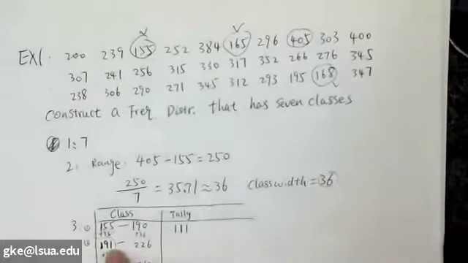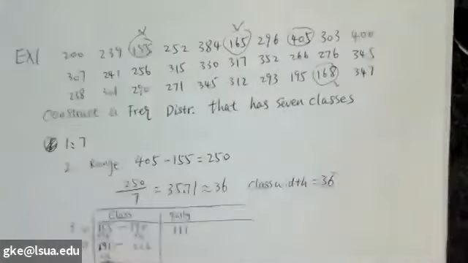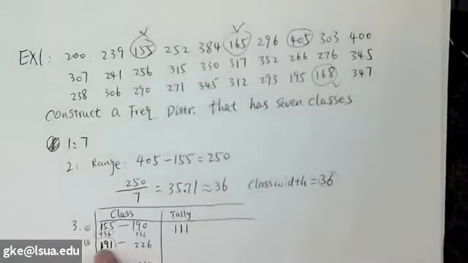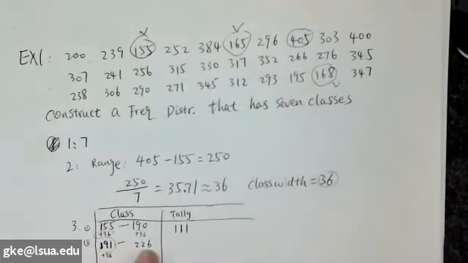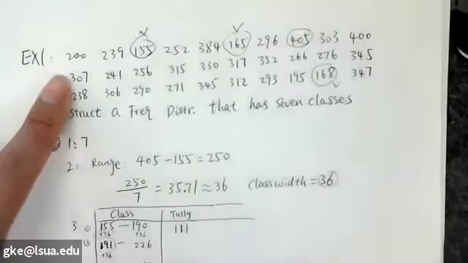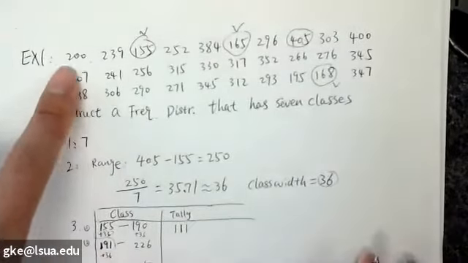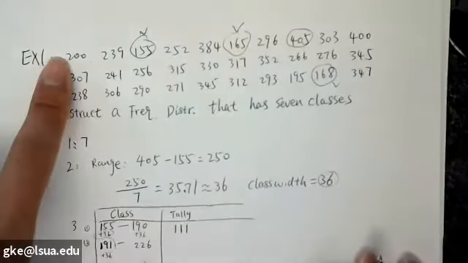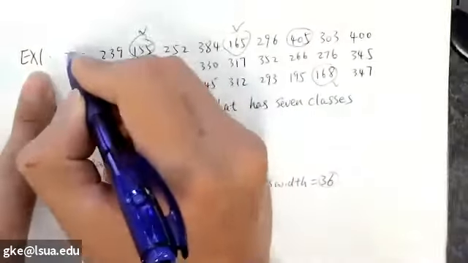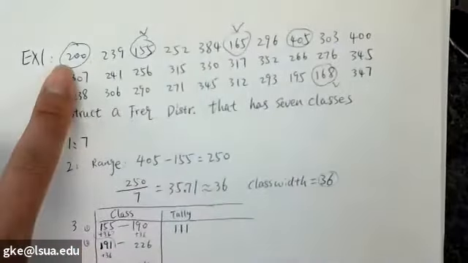Now let's try to find the numbers between 191 and 226. How many numbers are there? So let's go back. The first number should be this one.